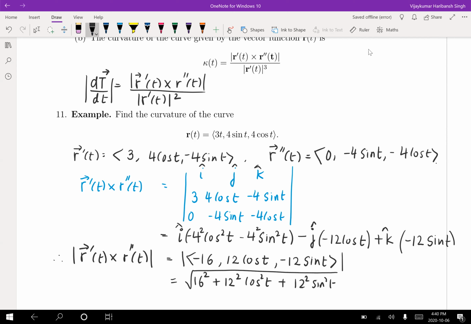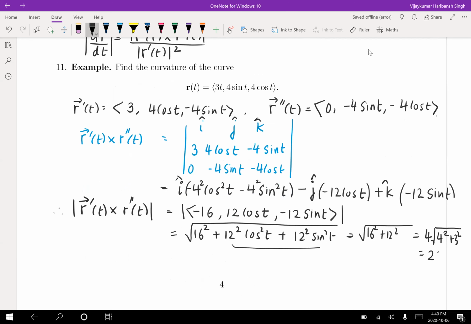So this will become 1. So it's going to be the square root of 16 square plus 12 square. We can take 4 out. In bracket, we will get 4 square plus 3 square, which is 5. So we get 20.